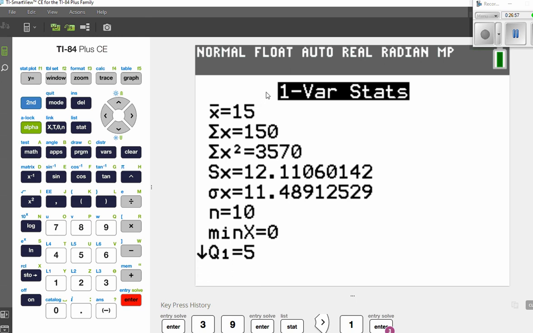And then my standard deviation is this one right down here. This is sigma. Please make sure that you understand this is the one that we're always going to use. This is the population one. Okay, so that's what we'll use for our standard deviation, and then we also have all the other pieces of information if you needed those as well.